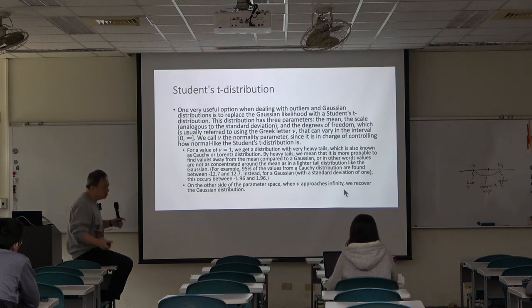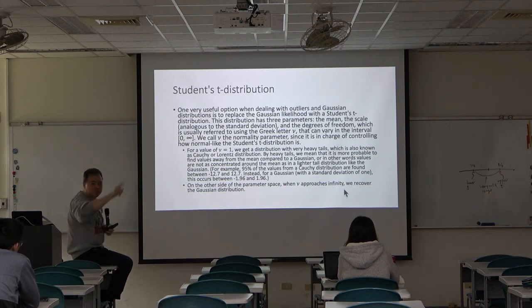When we say light tail, it means it's more concentrated to the center. As an example, 95% of the values from the Student t distribution, in this case when v is 1, are found between negative 12.7 and positive 12.7. Here we are talking about mean zero.